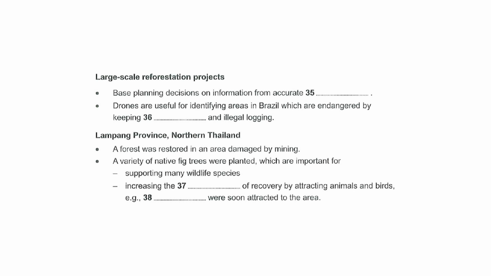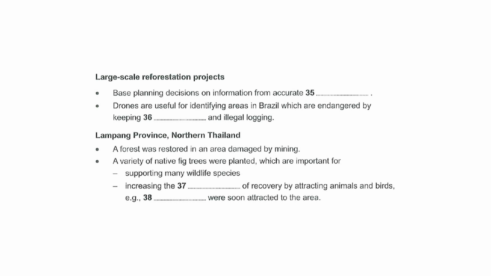Okay, let's see. A good example of where the right trees were picked to achieve a restored forest is in Lampang province in northern Thailand. A previously forested site which had been degraded through mining was reforested by a cement company together with Chiang Mai University.